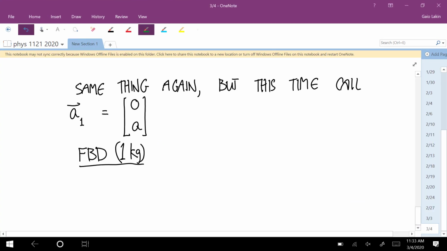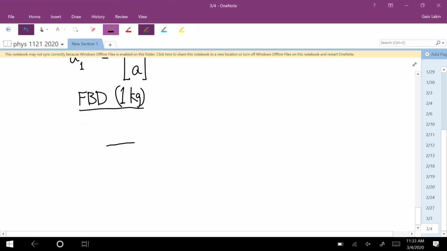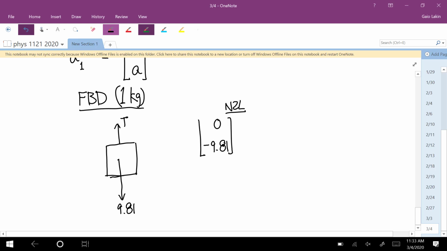So the free body diagram looks the same as it did before. We still have a weight force down of 1 times 9.81, and we have a cable force up of T. And so Newton's second law says 0, negative 9.81 plus 0T is equal to the mass times the acceleration.